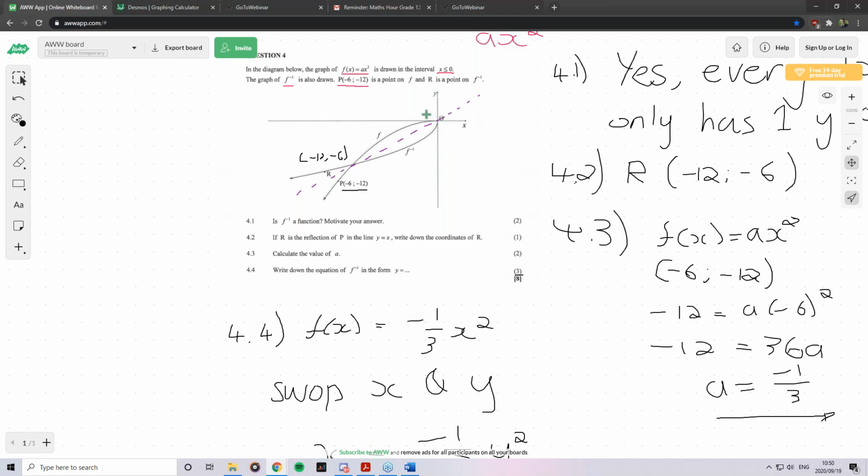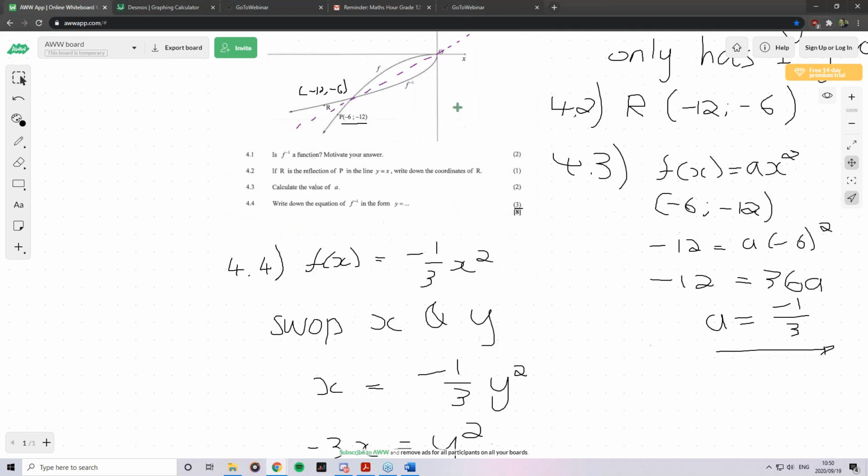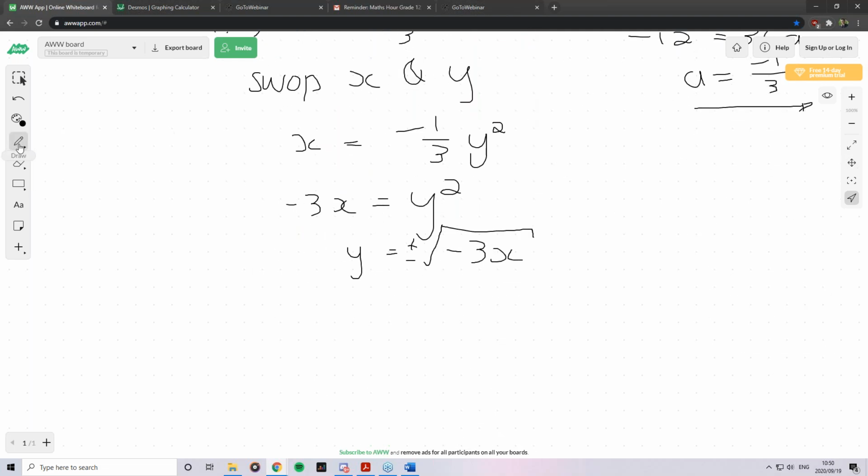This function does not exist for y greater than 0, and actually also x greater than 0, because we cannot have the square root of a negative number. Square root of minus 3 does not exist.